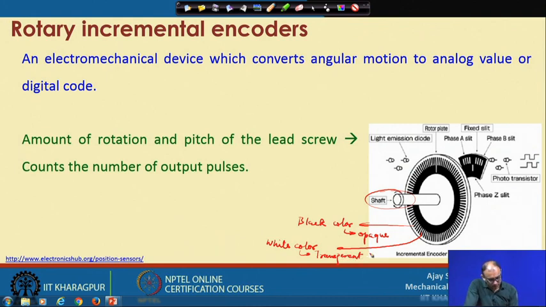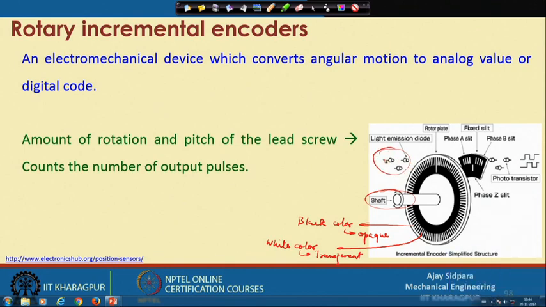Now what is happening here? We are talking about this outer periphery. We have a light emitting diode, so light will pass through it. It has 3 light sources, and similarly we have slit A, slit B and slit Z.